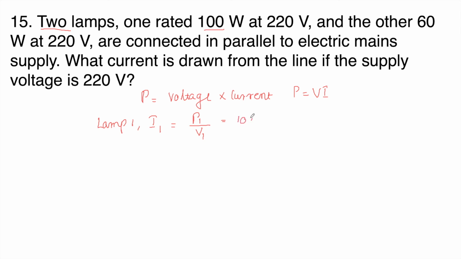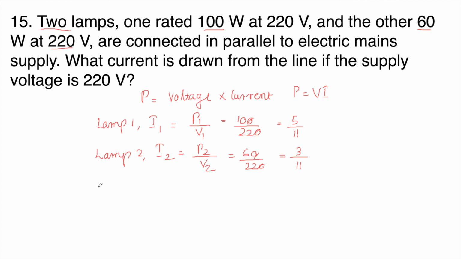So 100 by 220, it will be 5 by 11. In the case of lamp 2, I2 is equal to P2 by V2, that is equal to 60 by 220. 60 by 220 will be 3 by 11.